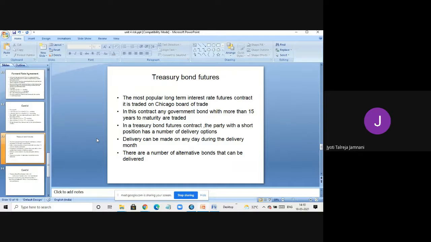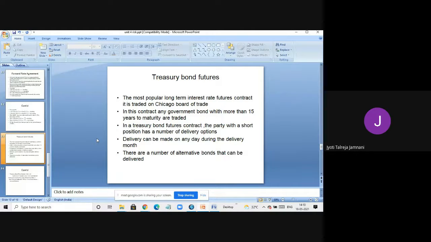In a treasury bond future contract, the party with a short position has a number of delivery options. Long is the buyer and short is the seller. So short person is the one who has given the loan. So the government has a number of options on when the bond will mature.